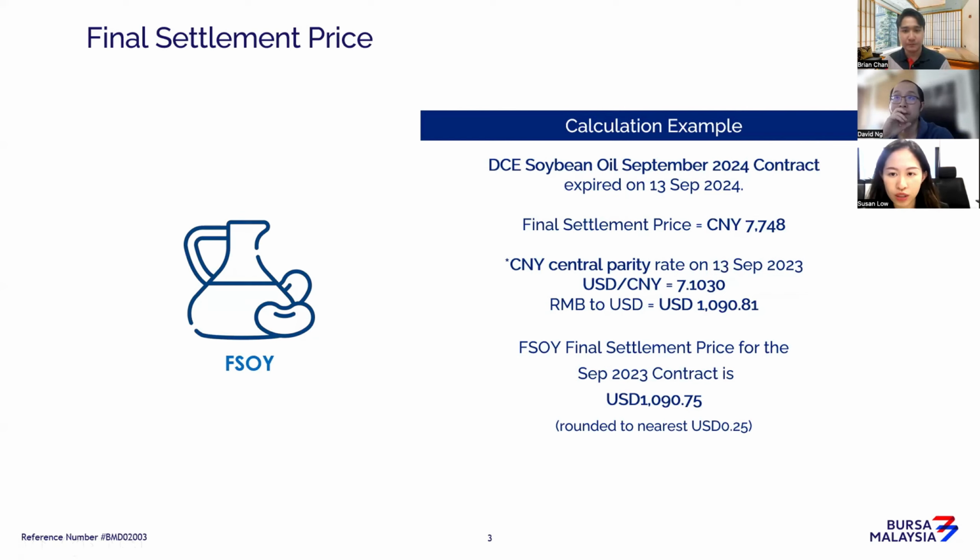So what we do is we take this price and we check the CNY central parity rate on the same day, which is 7.1030, and we convert the CNY to USD, which becomes 1090.81. As the FSOY's minimum price fluctuation is 0.25, we need to round it to the nearest 0.25, which is 1090.75. So this is exactly how it was calculated.